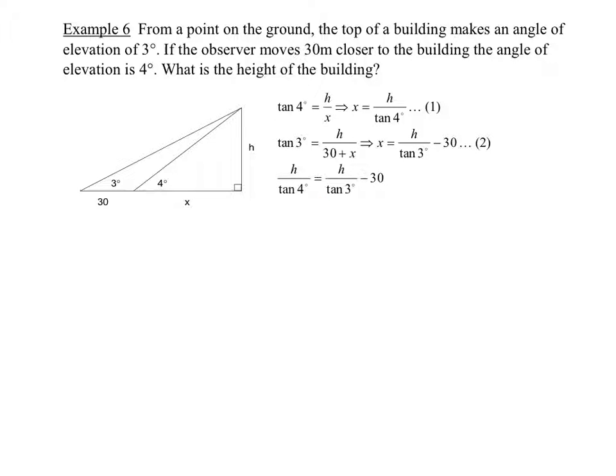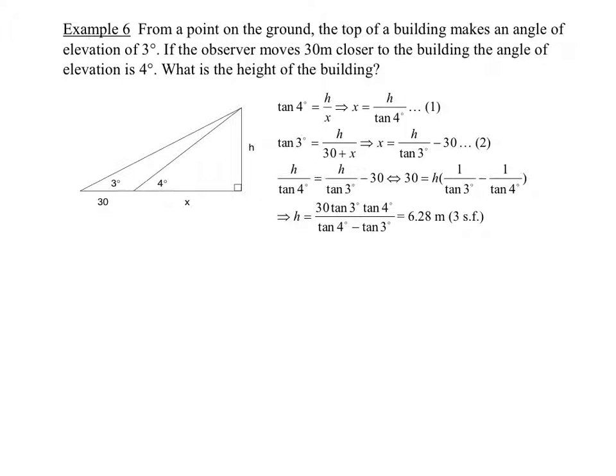So the next step would be to take the 30 to one side and take everything that involves the h to the other side. We can then take h out as a factor, and that's what's happened here. And then we can rearrange this so that we get this equation here. h is equal to 30 divided by this whole big long expression here.